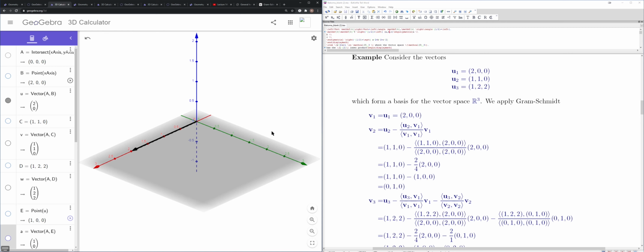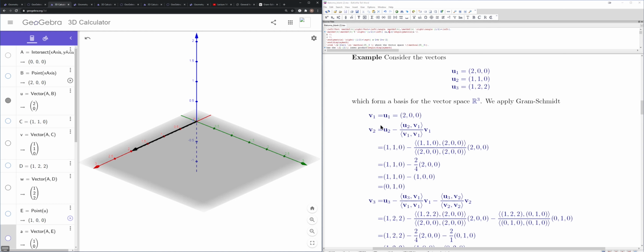This is my U1 to start off with, which is (2, 0, 0). So the first element of my new basis, V1, is in fact equal to the first element of my old basis, U1. And now let's work on getting V2.